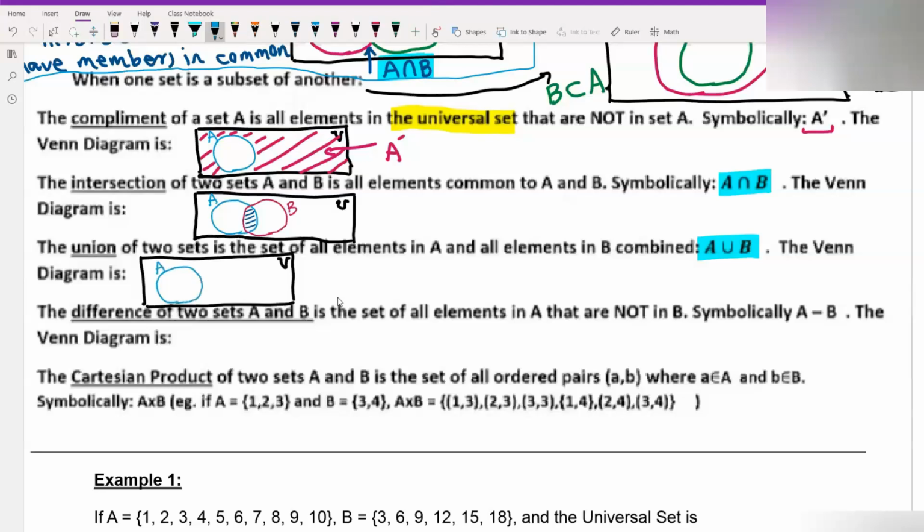So this is A. For example, this one B. What union is, is all members. So combine all members that we have in A and B. We can have that one, or we can have this one also is union.